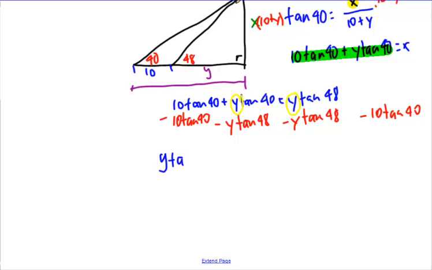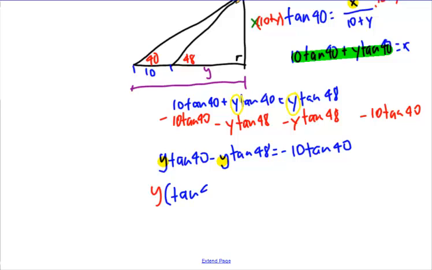So I've got y tan 40 minus y tan 48 is equal to negative 10 tan 40. So look on the left. You see these y's right here? They're in both pieces, and since the y's are in both pieces, I can pull one of them out, and that leaves me with tangent 40 minus tangent 48, and now it's just algebra to finish.